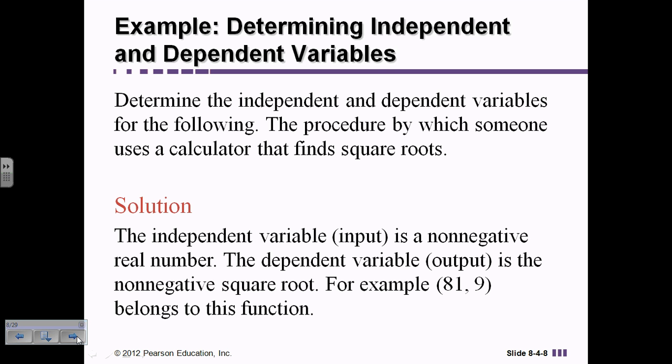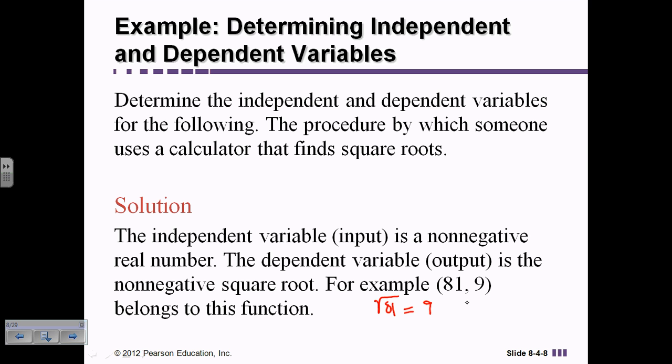All right, so then when we talk about determining independent and dependent variables, the independent variable is what you're inputting. Depending on what I'm asking you to do, in this example I'm saying find the square root of numbers. So when we take the square root of 81, we end up with 9.